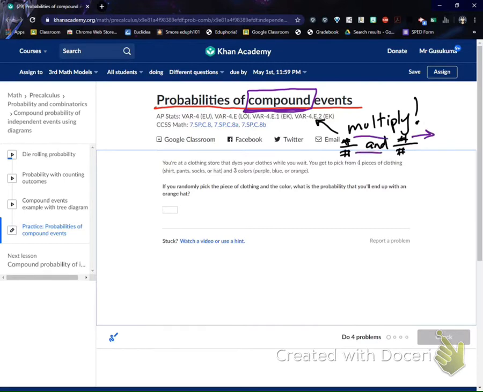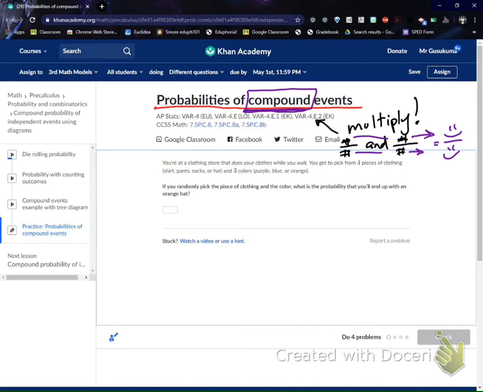Multiplying for fractions is just straight across. So our answer is going to be whatever we have by the top numbers, the numerators, multiplied, and the bottom numbers multiplied for our denominators, and that will make us a new fraction, which will be the answer to our problem. So let's look at this example.